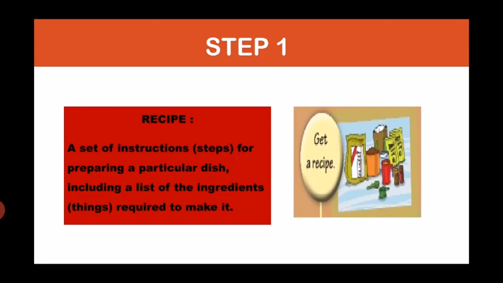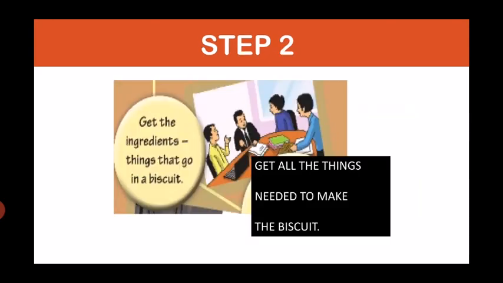Now let's see step 2. Now children, in step 2, once you have the recipe and you know how to make your dish, you have to buy the things that are required. Those things are called ingredients. So step 2 is get the ingredients. What are ingredients? All the things that need to be used to make a biscuit.